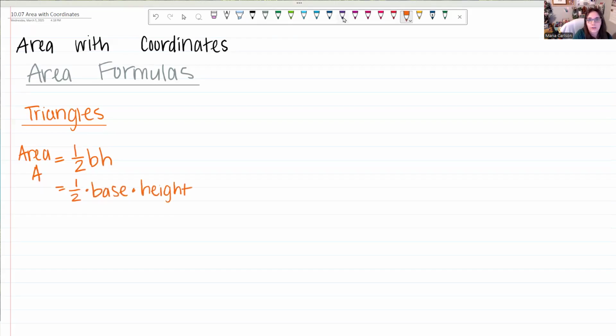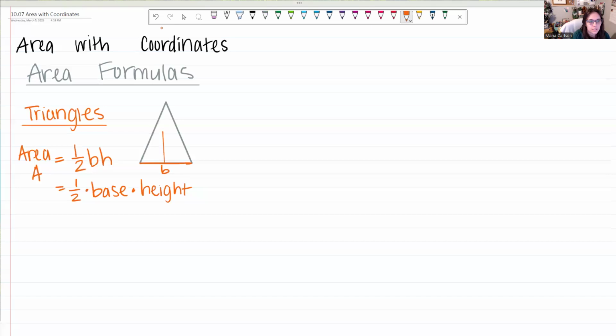Now I'm going to draw a triangle here so we can talk about what the height is. So the base could be any side. So here is a base, B. And the height is the perpendicular vertical distance from that base up to the opposite point.